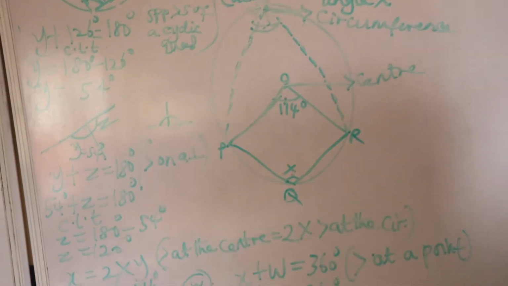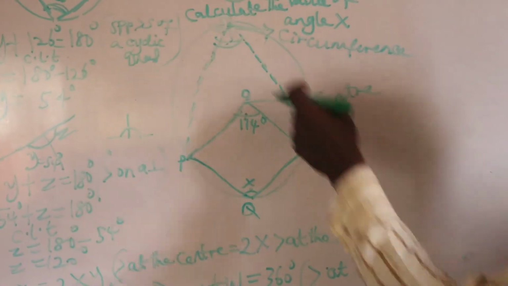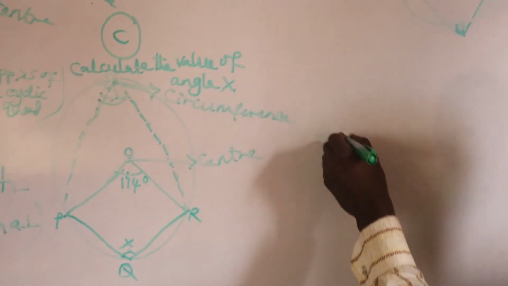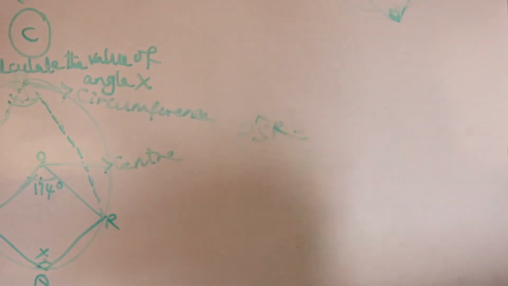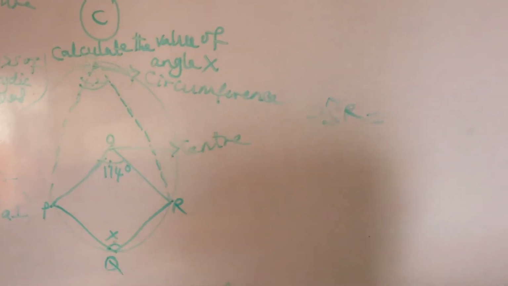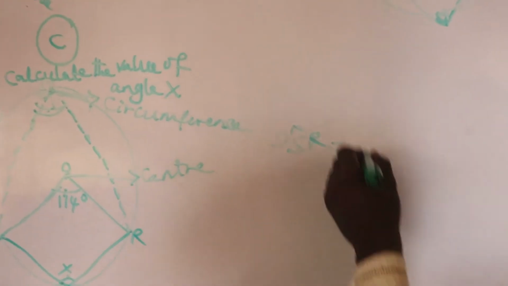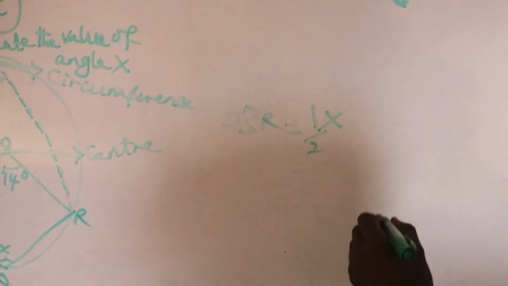So you tell them, to obtain PSR, it is equal to half of POR.